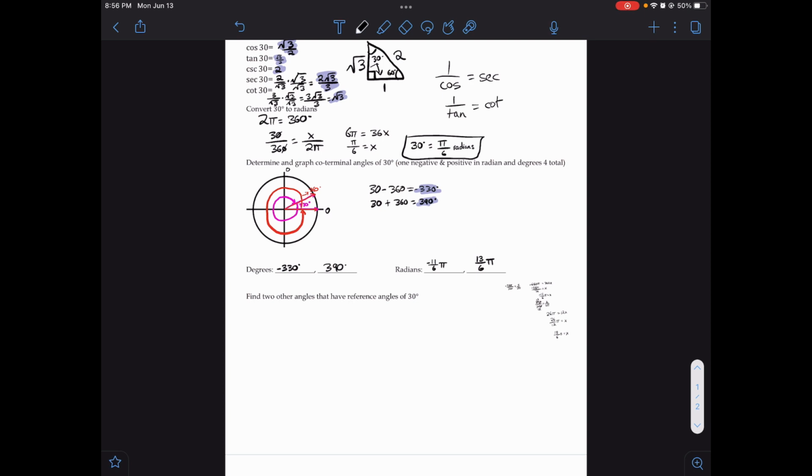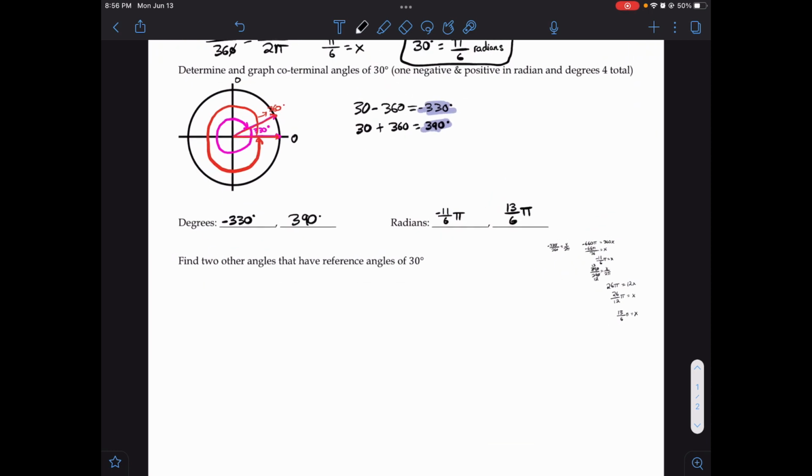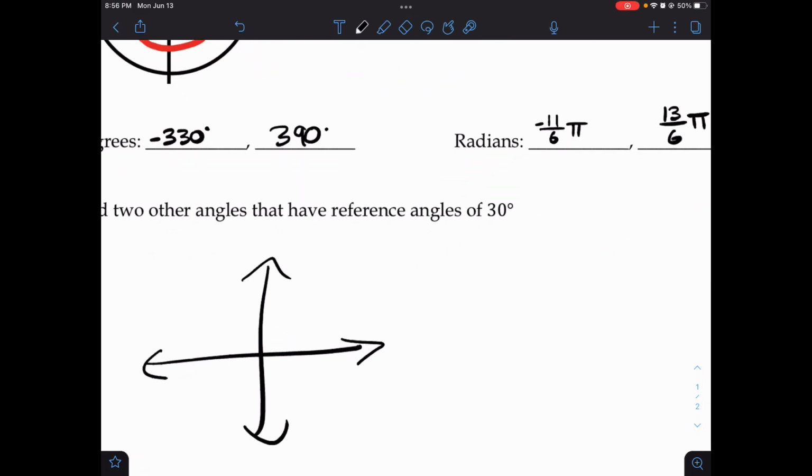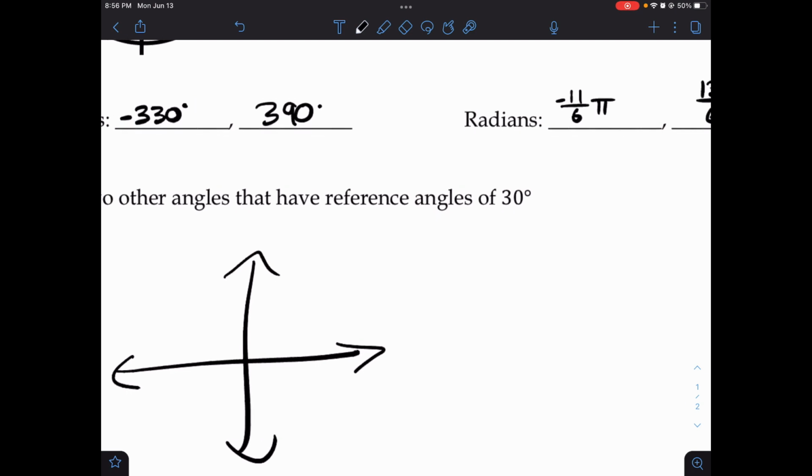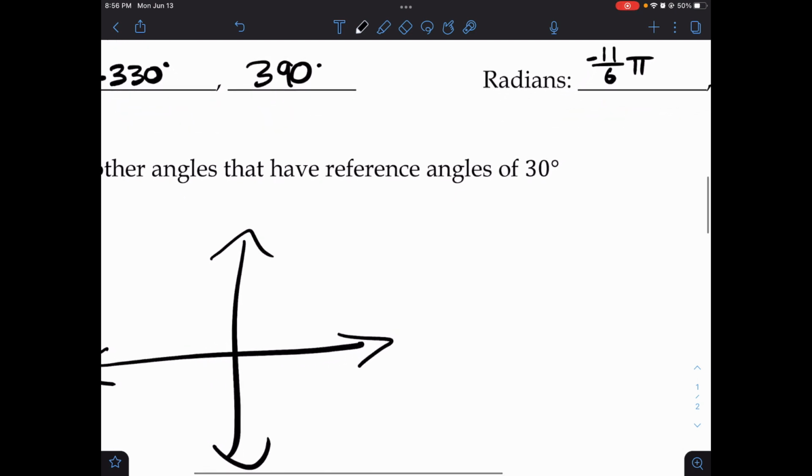And then the last question, find two other angles that have reference angles of 30. Okay, so first let's draw a coordinate grid. Right, that's our coordinate grid. So a reference angle of 30, a reference angle is basically an angle that, so a reference angle of 30 will be, okay, so from 30 degrees, so let's just say this is 30 degrees.